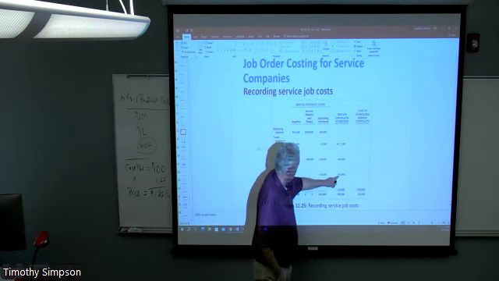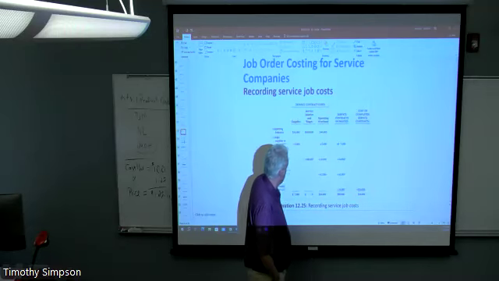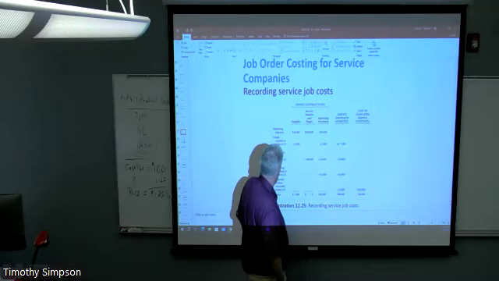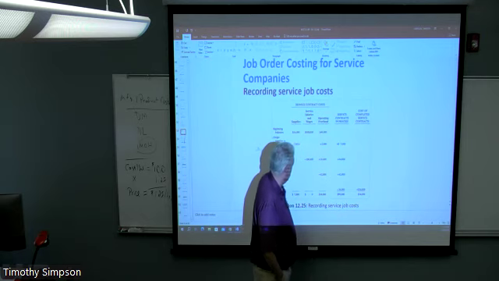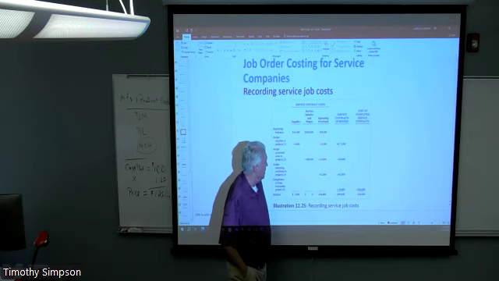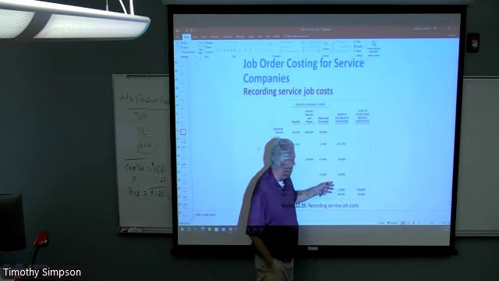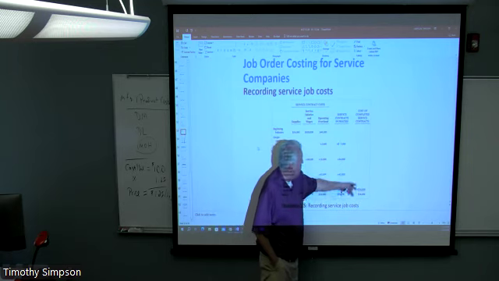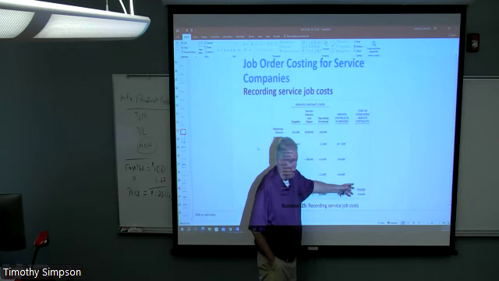Then we have overhead of 42,000 applied. Altogether, we end up with a value for this particular job of $34,000, which we subtract out of these totals. Since the job is done, we book it as a cost of a completed contract.